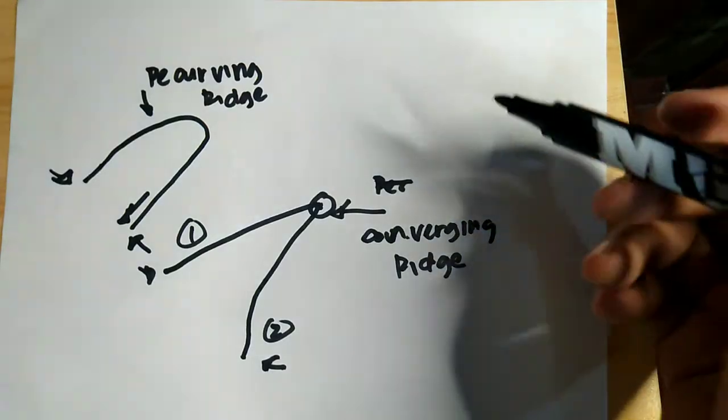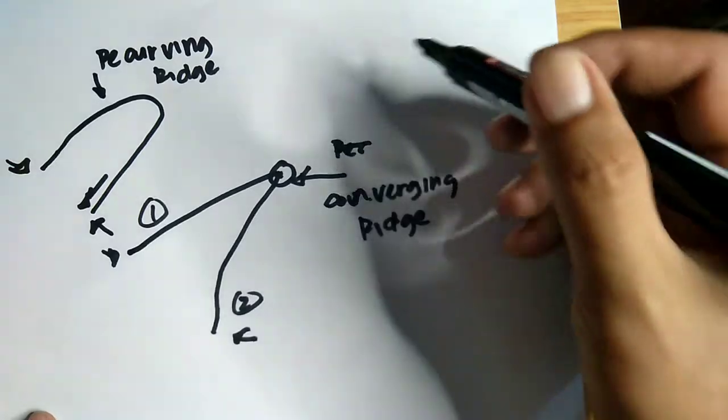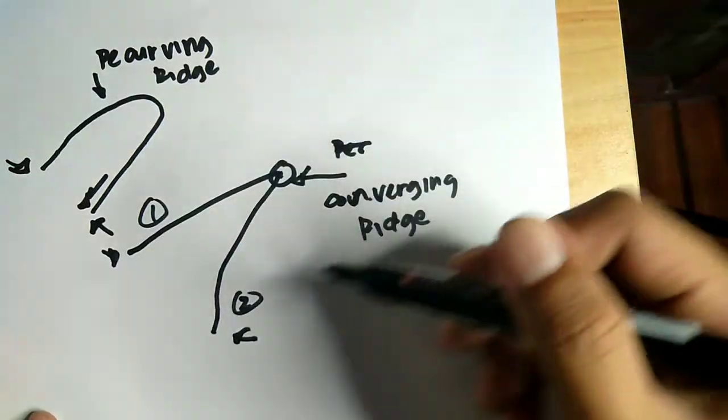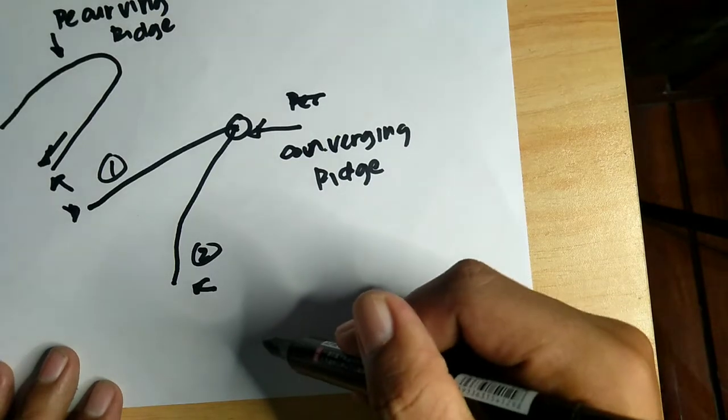Then we also have the appendage. An appendage, guys, is just an addition that can usually be seen on recurving ridges. So for example, we are looking at a loop pattern.